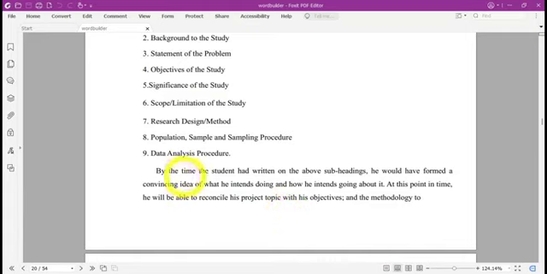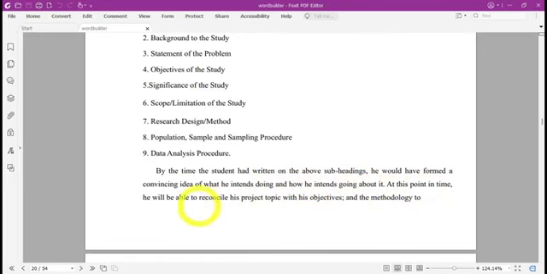Now, by the time the student has written on the above subheadings, he would have formed a convincing idea of what he intends doing and how he intends going about it.